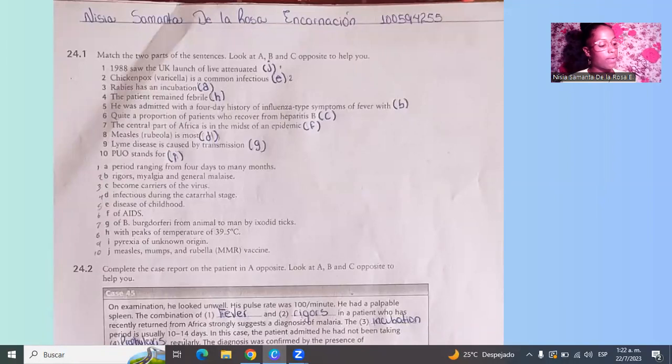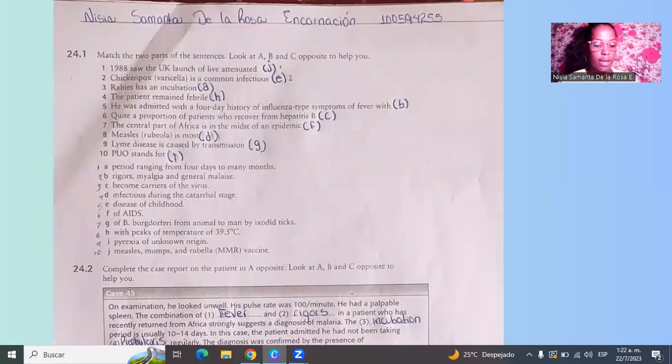Exercise 24, Infection. 24.1. Match the two parts of the sentence. 1. In 1988 the UK started the launch of the measles, mumps, and rubella MMR vaccine. 2.